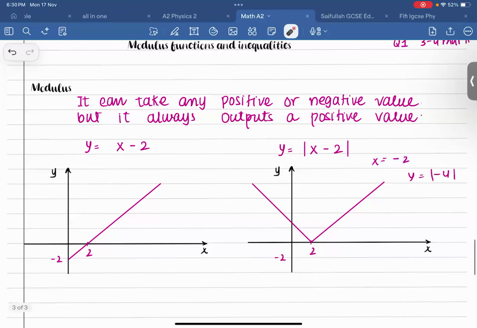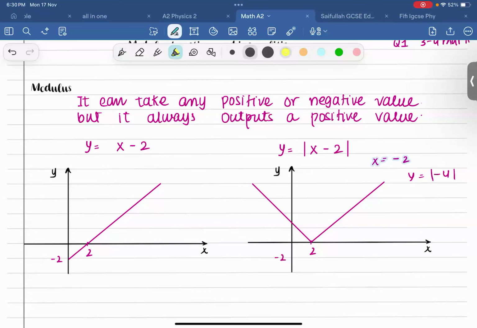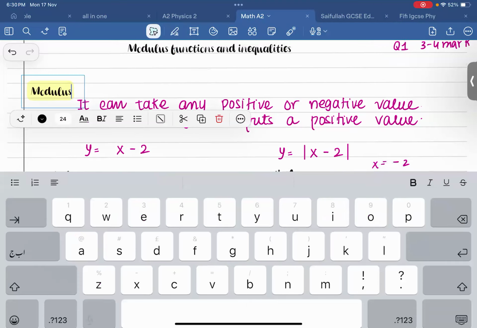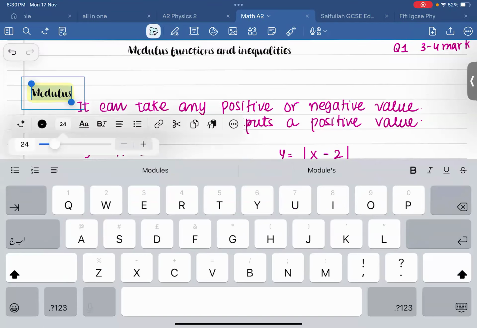Anybody? Squaring. Oh, nice. Very good. So basically, to solve the modulus function, we can replace the modulus sign with a square, right? Make sense? Perfect.